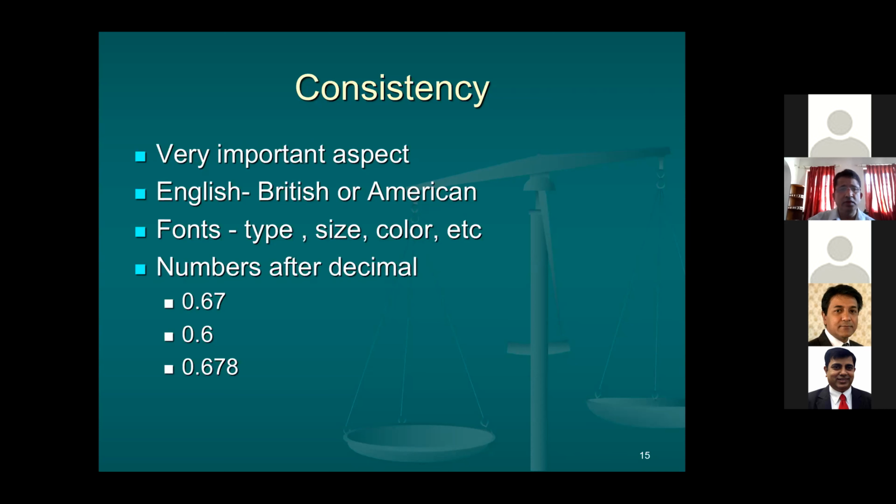For example, if in one area you have written 0.67, in another area you have written just 0.6, then in another section you have written 0.678. It doesn't look good for the reviewer, and the reviewer will have the tendency of not accepting your paper.